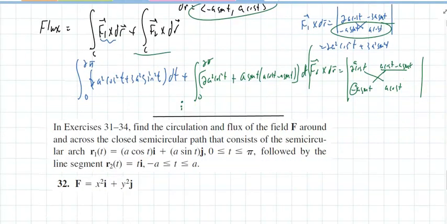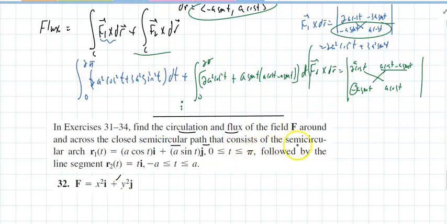Okay. On 31 through 34, find the circulation and the flux of the vector field F, there's the vector field F, around and across the closed semicircle. Again, it has to be closed for you to find the flux.